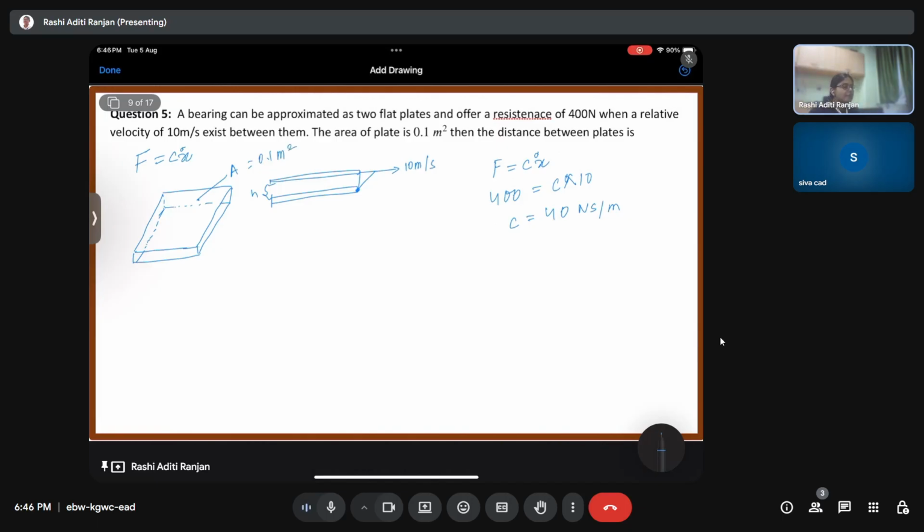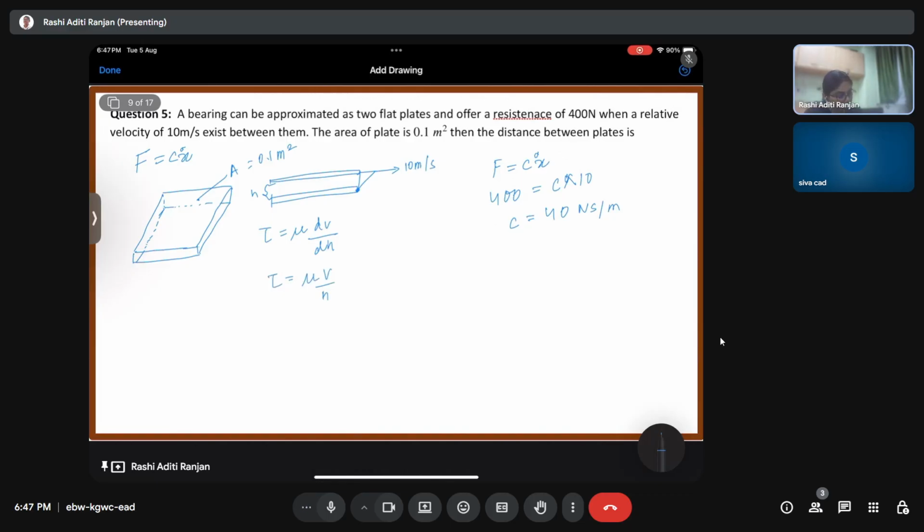So if you remember, for this kind of system, for two parallel plates, we had shear stress as mu dV by dH. So if we consider the linear variation of velocity, we have shear stress as mu V by H.